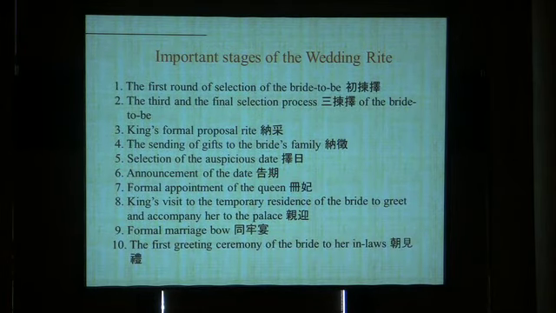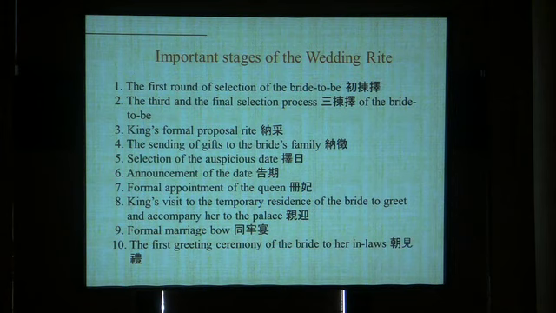So I will simply show you this very quickly. Now we covered up to number 2. Now 3, 4, 5, 6, 7, 8, 9. That's the 6 stages, 6 rites we call it. And the first one is the proposal and the acceptance. And actually, number 4, the sending of gifts to the bride's family is in token of acceptance.